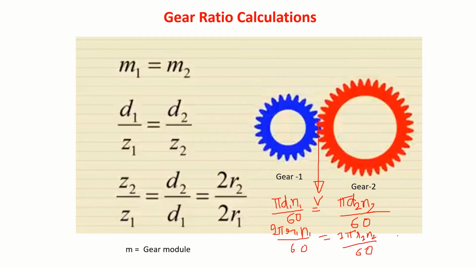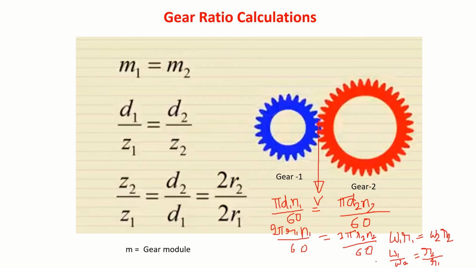We can also write this as 2 pi n is omega, so omega 1 R1 is equal to omega 2 R2. Or I can write R2 by R1 is equal to omega 1 by omega 2.